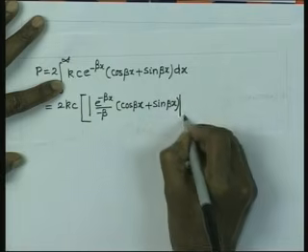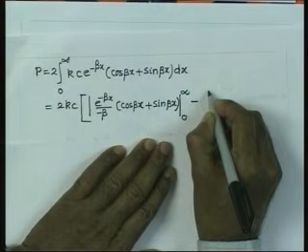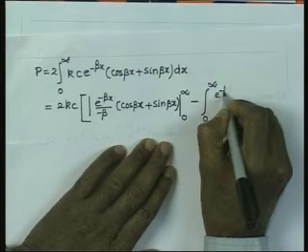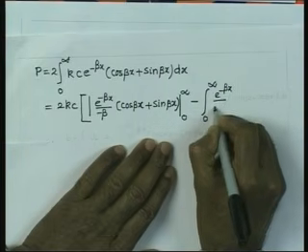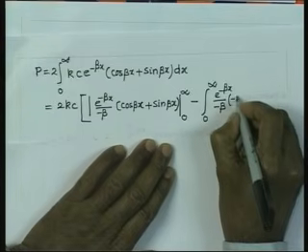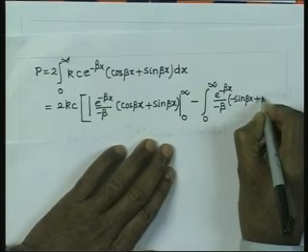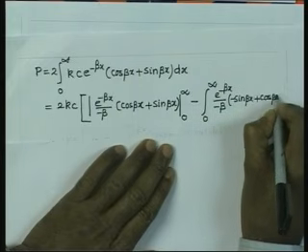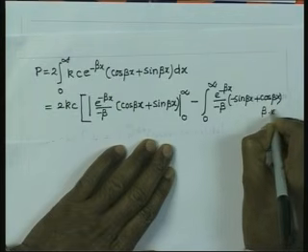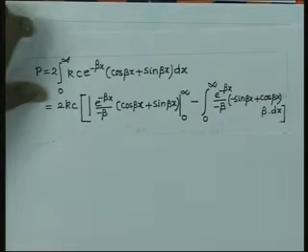This expression is to be evaluated at infinity and 0, minus integral 0 to infinity, integration of this first function, differentiation of the second function. So, sin beta x plus cosine beta x into beta into dx. So, that is the expression.